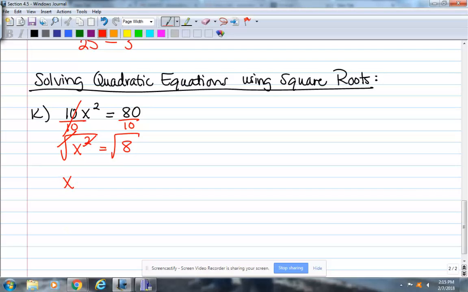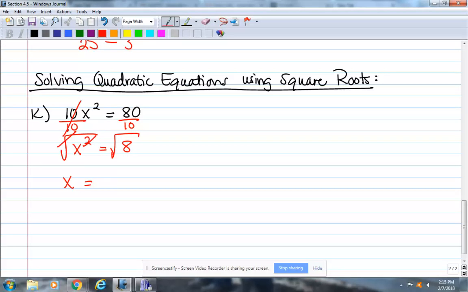But when we take the square root of something, we have to consider it being positive or negative, because the square root of 8 could be a negative something or a positive. Because think about 36. What multiplies to get 36? 6 times 6.